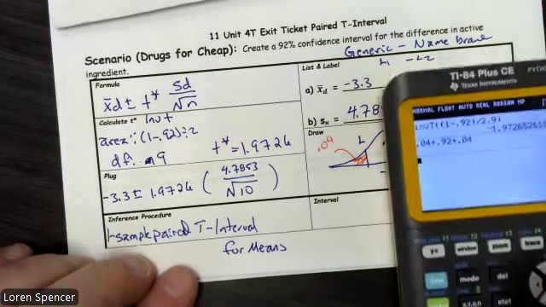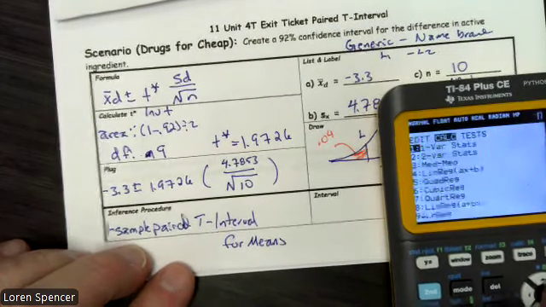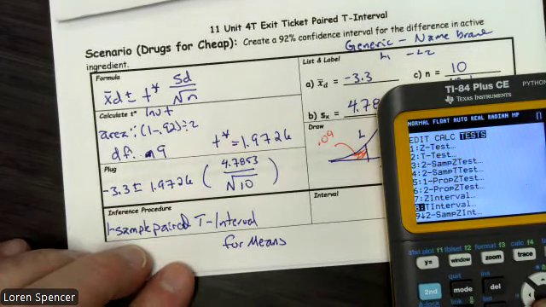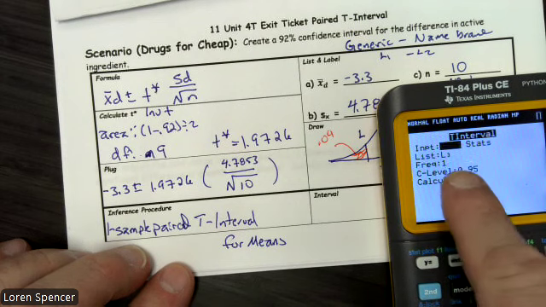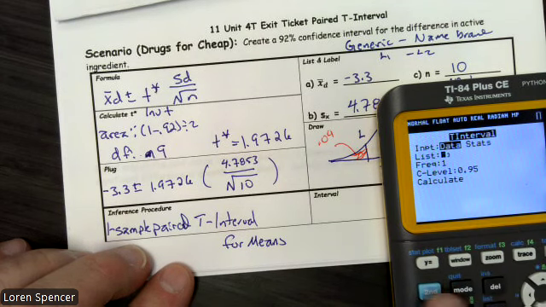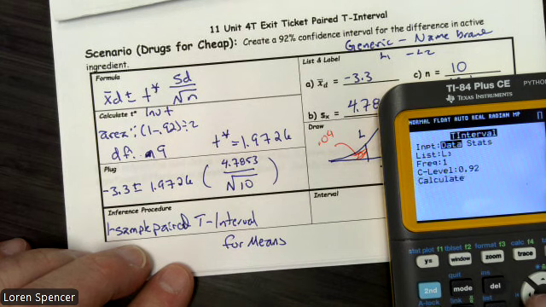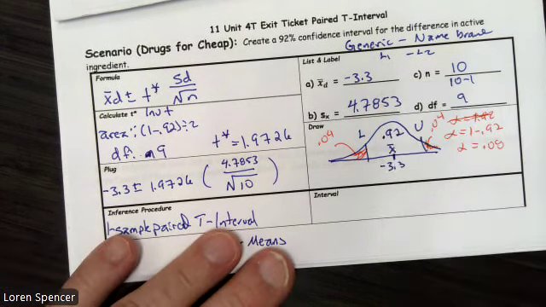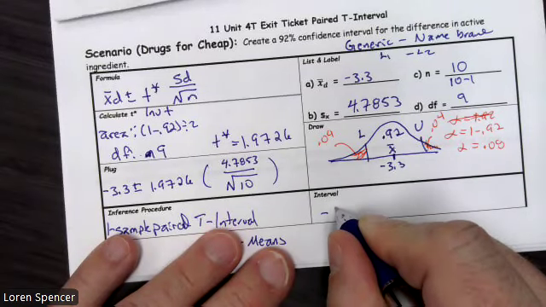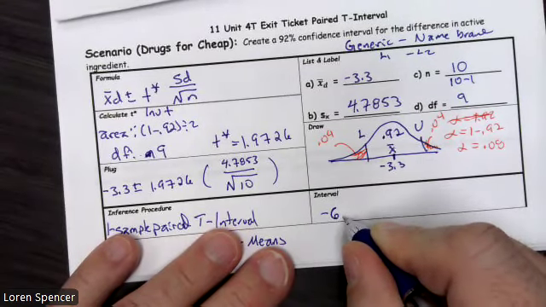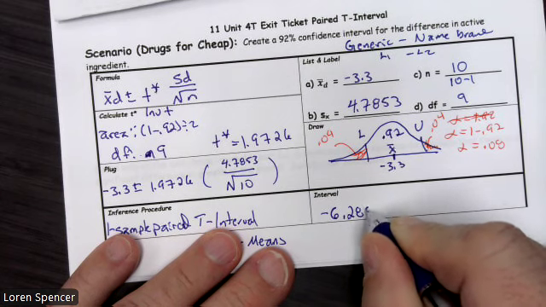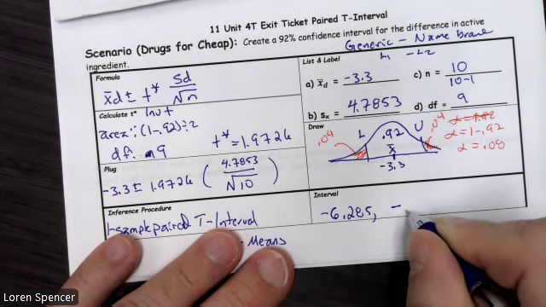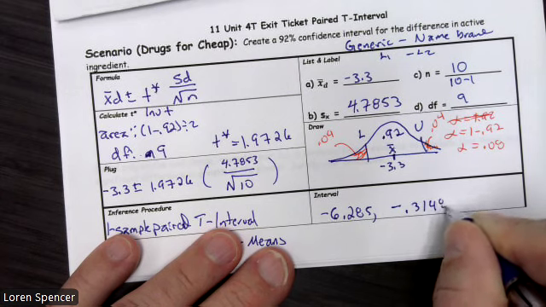All right, our interval. So we're going to run this thing and we're just going to go stat test. And we're going to drop down to number 8, which is t interval. We have data, so make sure data is highlighted. Blue button 3, because that's where our differences are located. We change our confidence level to 0.92. And we have a lower bound and an upper bound. So basically, we expect the difference to be negative 6.285 to negative 0.3148.